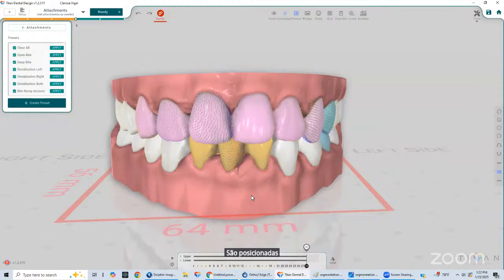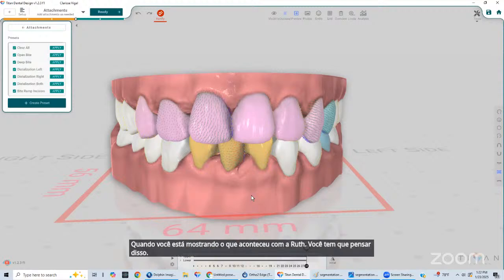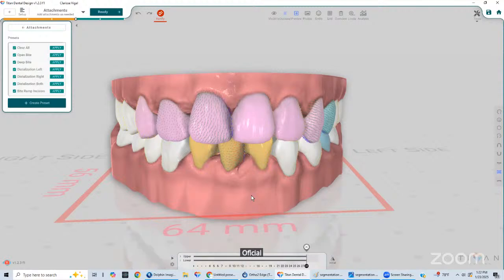And when you are showing what happened if we do root torque, remember, you have to think about this. And physiology, I hope physiology will be that easy, but bone physiology is unpredictable, and the only predictability is the use of CBCT. So Frank, I commend you for this software, an amazing software, and I hope the CBCT is coming. And thank you very much for your presentation and your time.